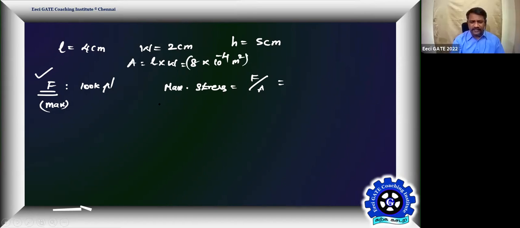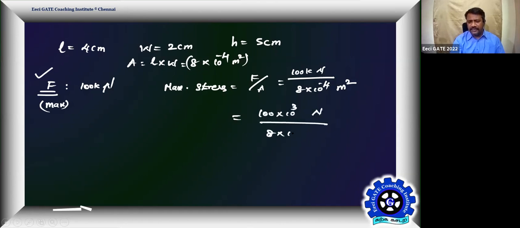Basic geometry only. Okay, so the maximum stress acting on this load cell is 100 kilonewtons divided by the area, that is 8 into 10 power minus 4 meter square. It's 100 into 10 power 3 Newton divided by 8 into 10 power minus 4 meter square.